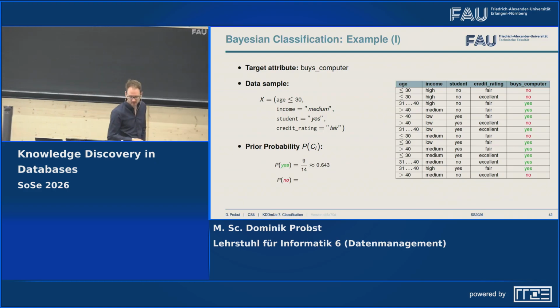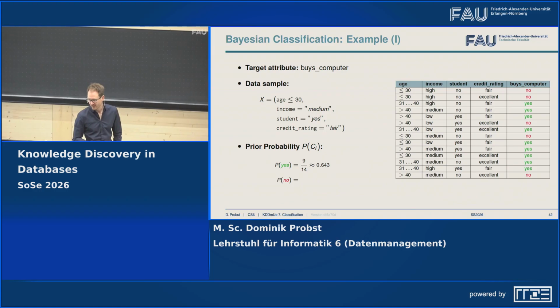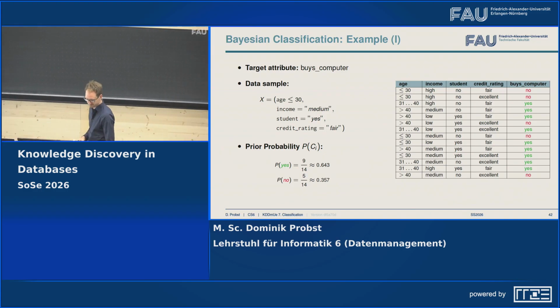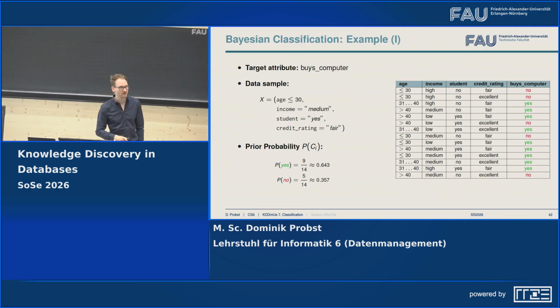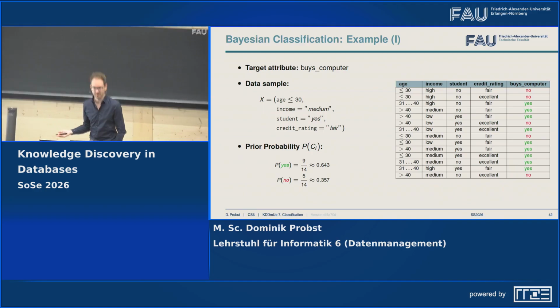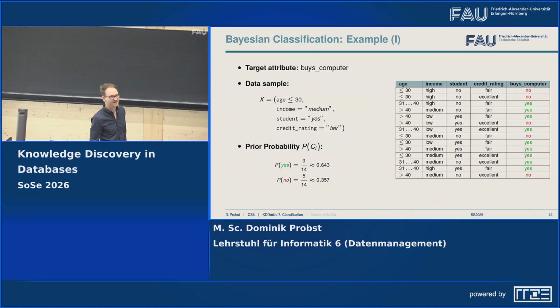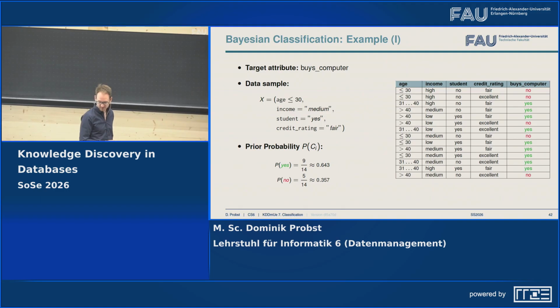So we have 9/14 as the probability for yes, and 5/14 as the probability for no. Pretty easy to calculate. Everybody should be able to do that, I guess. So not the calculation, but the way to input that into the formula.